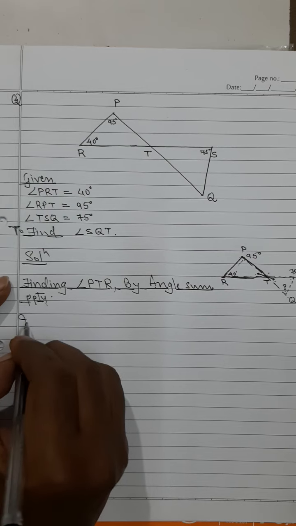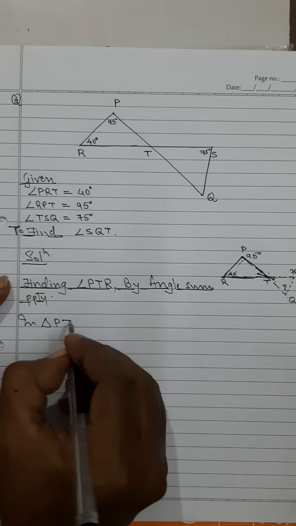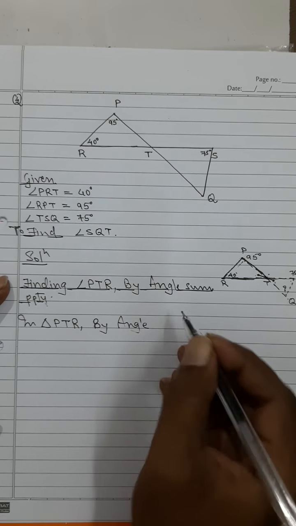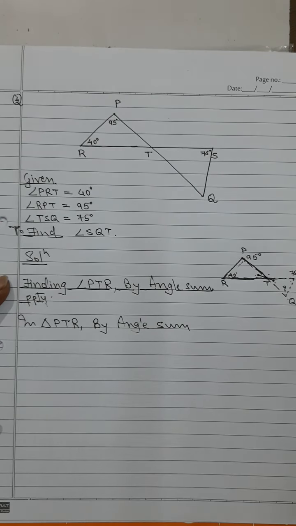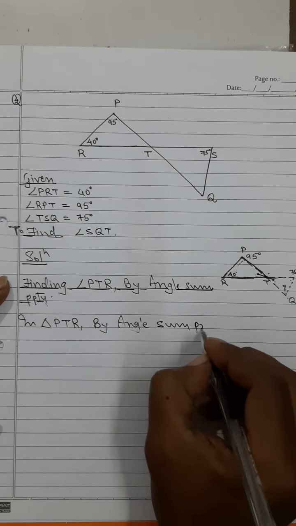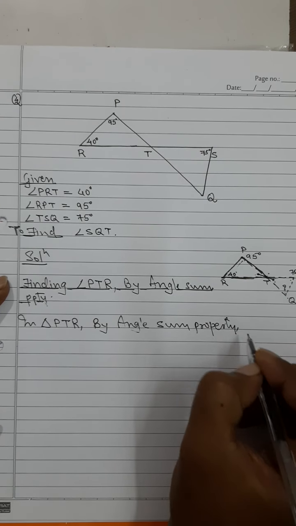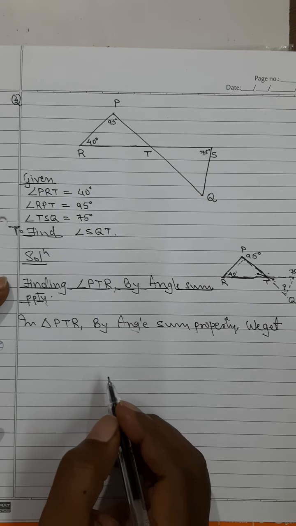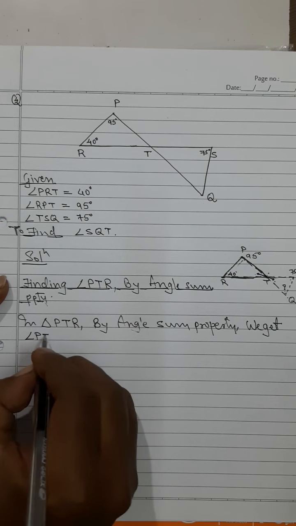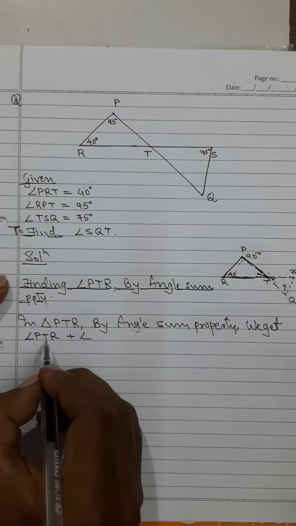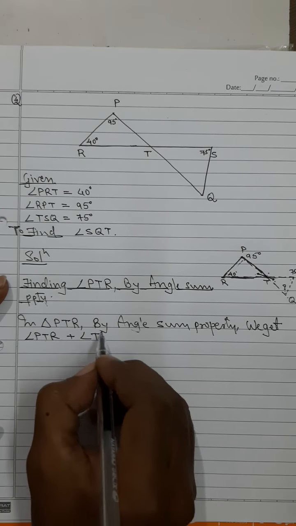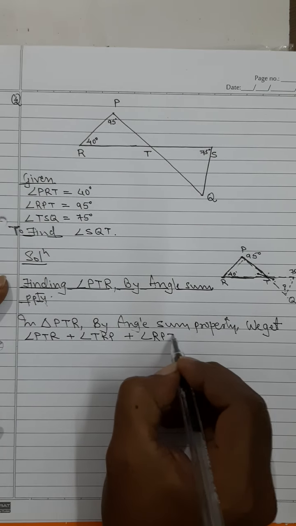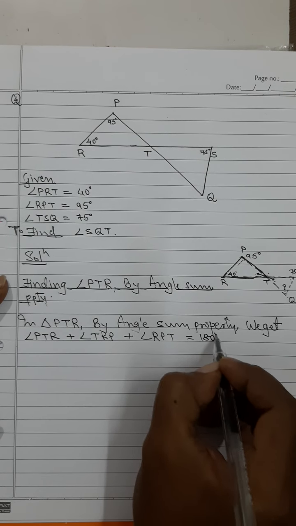So here, in triangle PTR by angle sum property, we get: angle PTR plus angle TRP plus angle RPT is equal to 180 degrees.